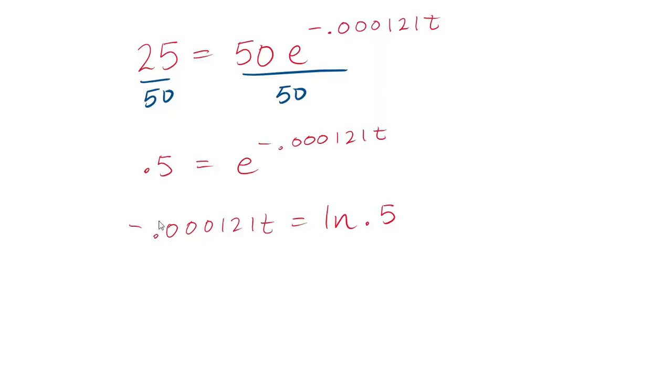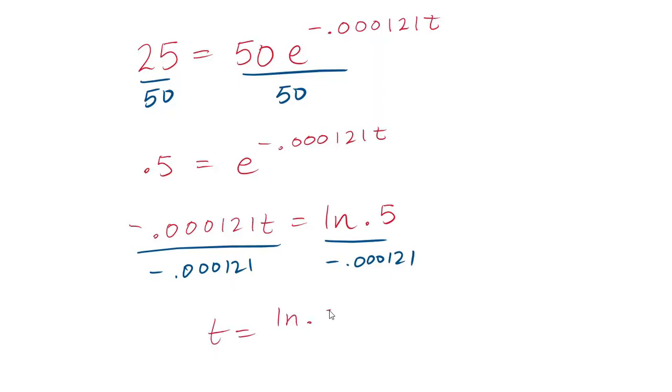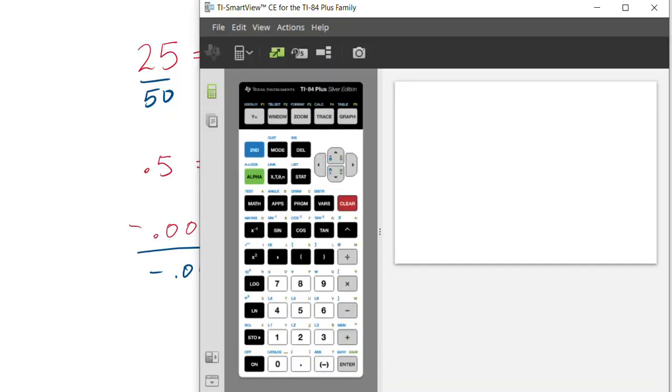Now we solve for t, and we solve for t by dividing by the coefficient on t, negative 0.000121. And so t is the natural log of 0.5 divided by negative 0.000121.